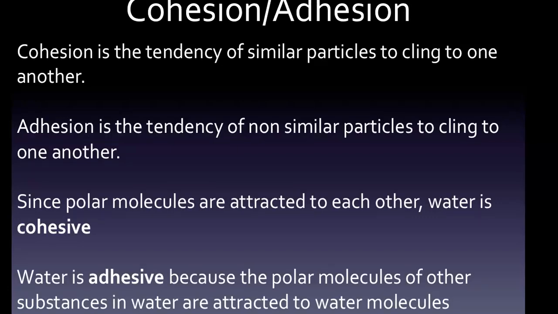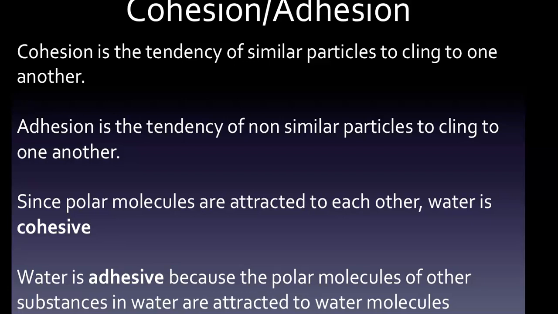And then finally here we have cohesion and adhesion. And if you remember, I think this was our last question. Okay, so cohesion is the tendency of similar particles to cling to one another, while adhesion is the tendency of non-similar particles to cling to one another.